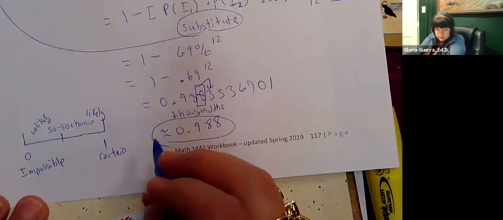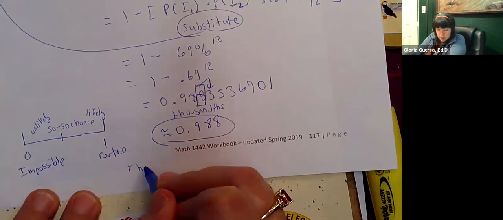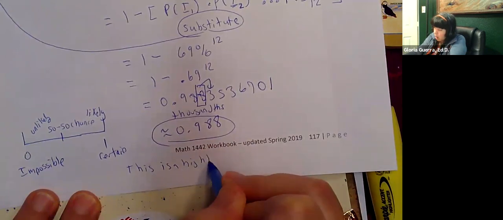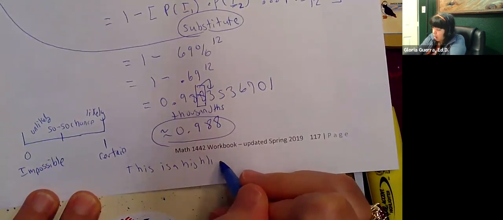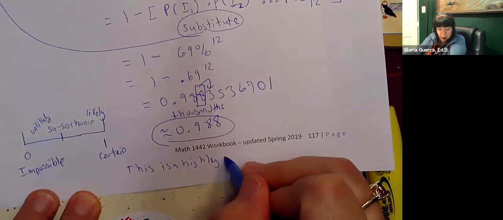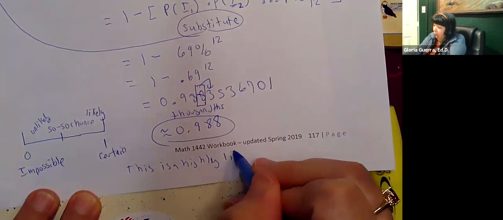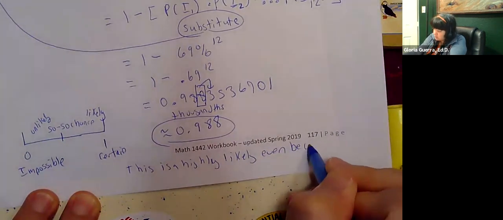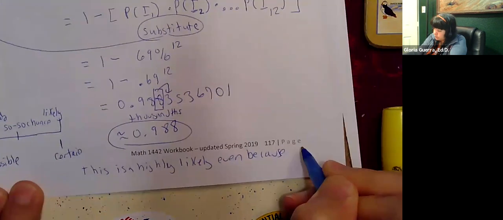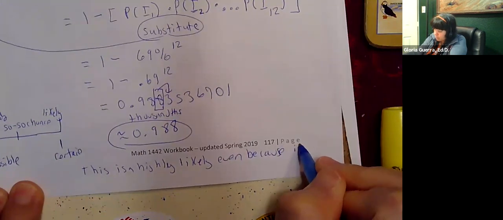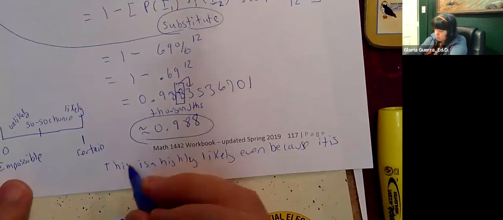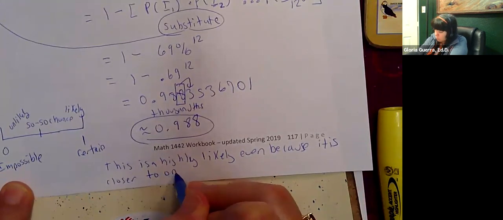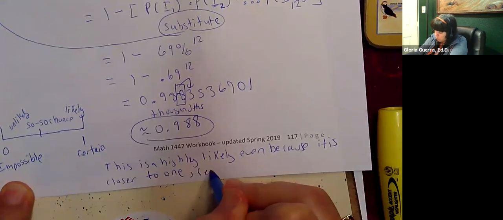So this is a highly likely event, and that's because it is closer to 1, which is the certain.